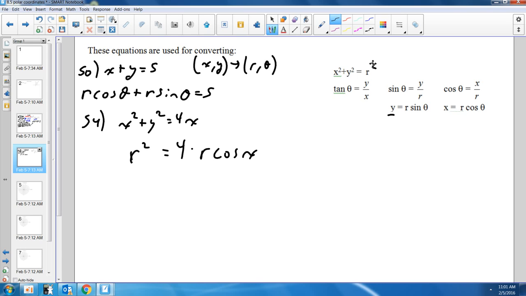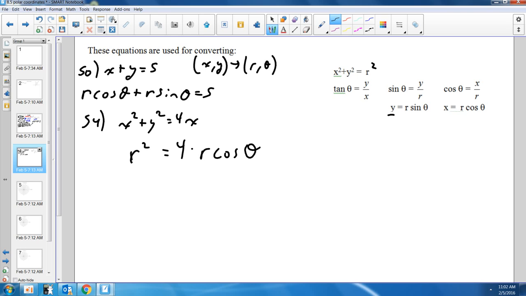Now there's one more step in 54 that you have to do, even though it's all in terms of r and theta. There's one more step you should do in this one besides substituting in, and that is to notice that you could actually divide both sides by r, because you're multiplying by r on both sides.